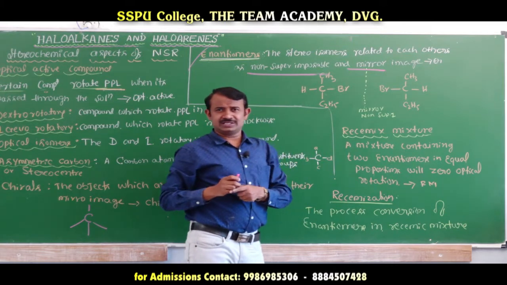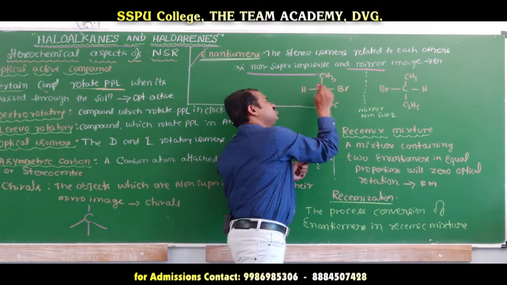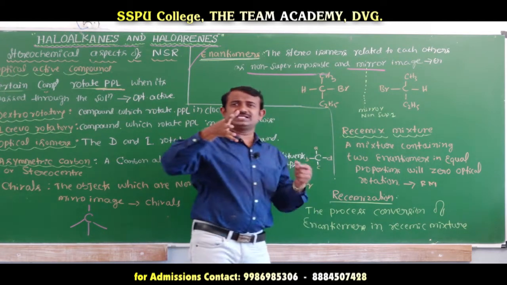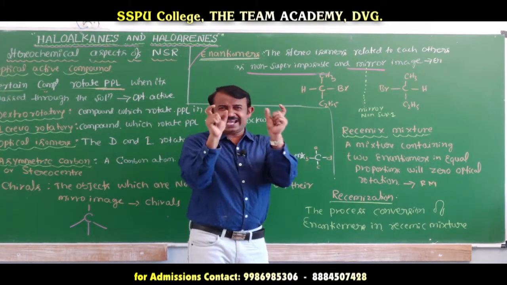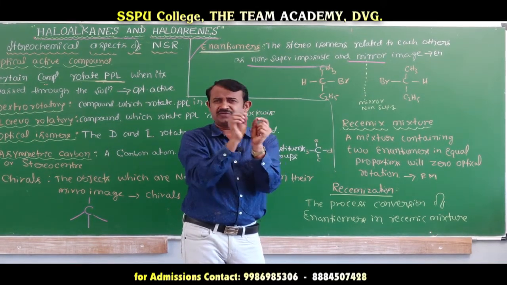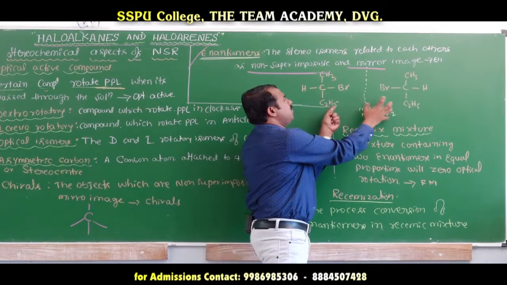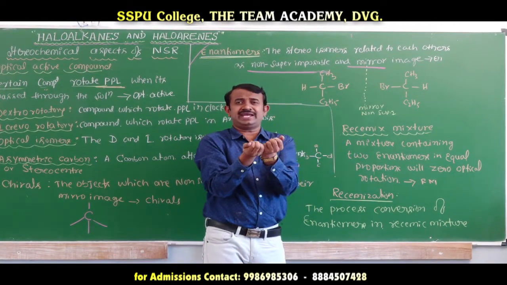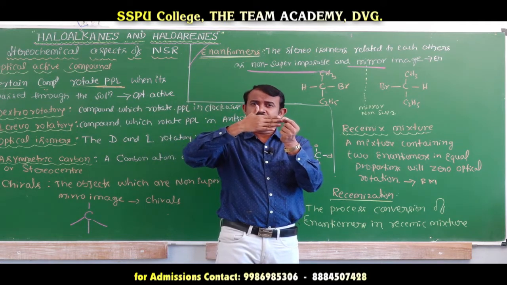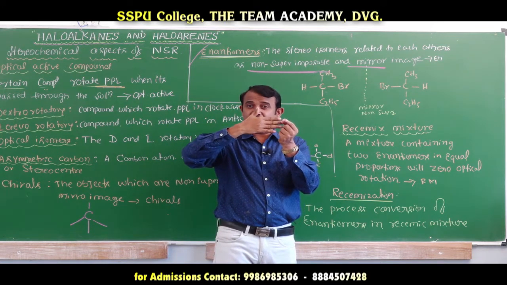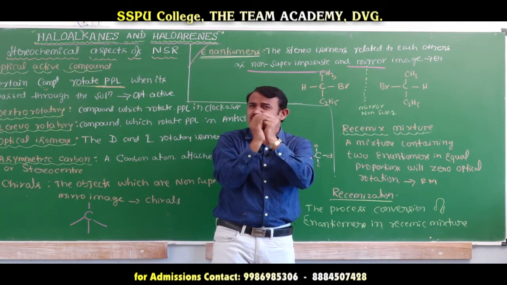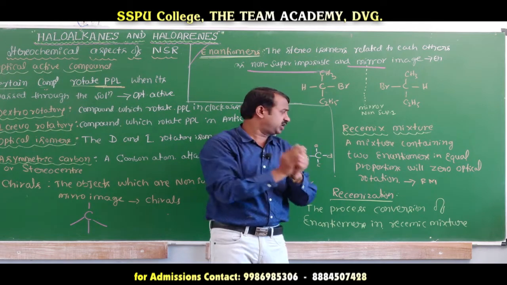Racemic mixture: if we take only this one, it rotates clockwise; only laevo, it rotates anti-clockwise. Now take equimolar amounts, say 0.5 gram each, in solution. When plane polarized light is passed through this equimolar mixture, it does not rotate, because dextro and laevo are equal.